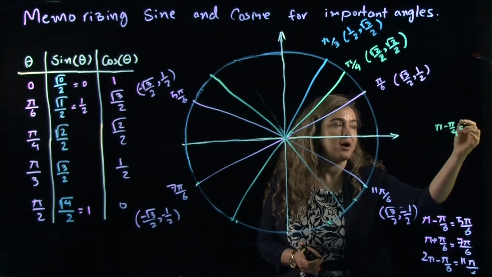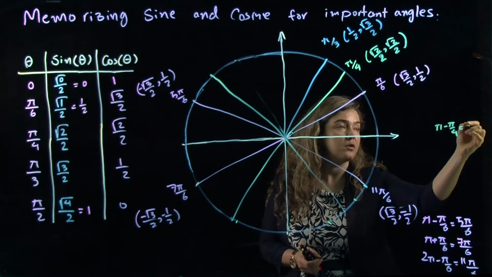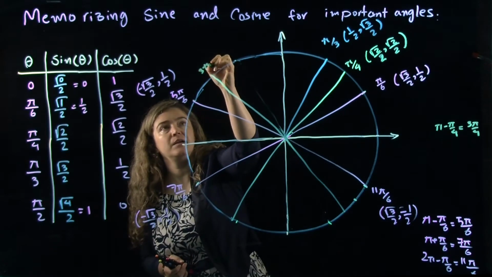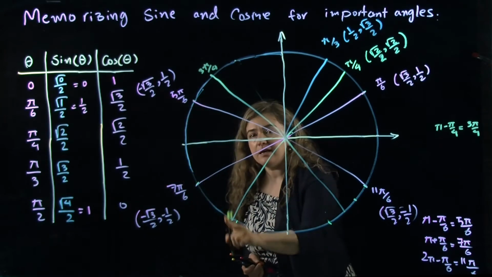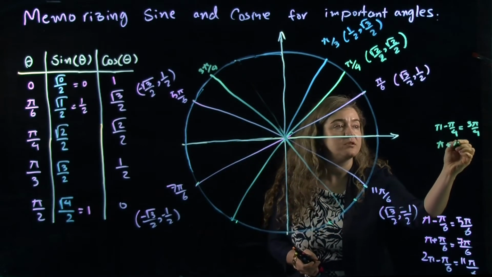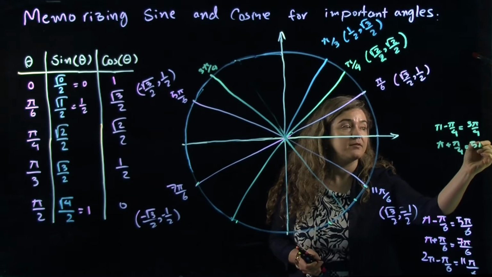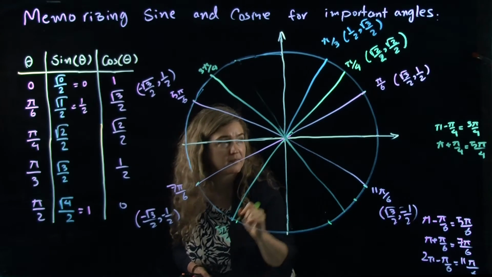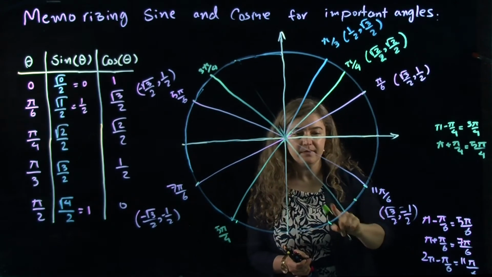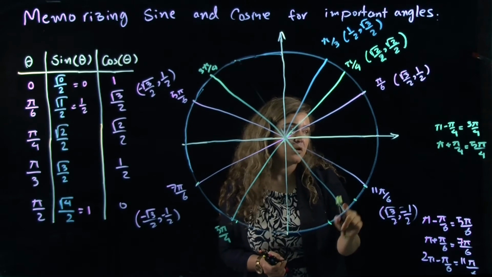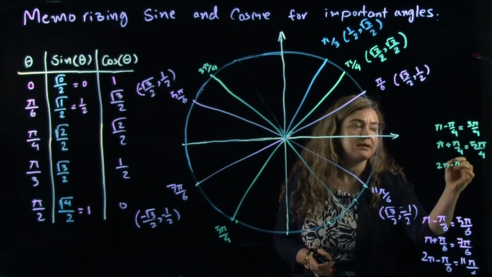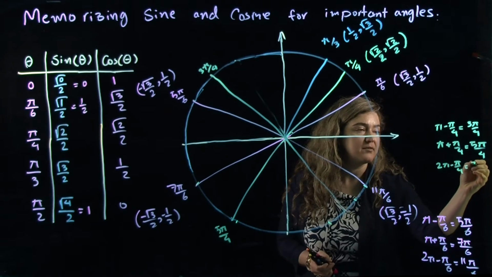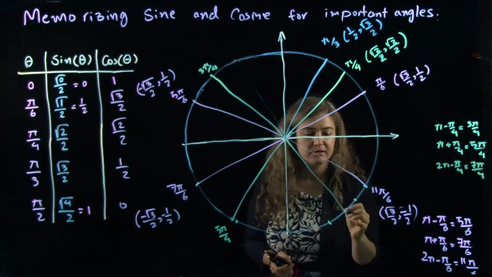Common denominator, 4 pi over 4 minus pi over 4 is 3 pi fourth. Over here it's pi plus pi fourth, so it's 5 pi fourth. Over here, this one in the fourth quadrant is 2 pi minus pi fourth, which is 2 times 4, 8, minus 1, 7 pi fourth.